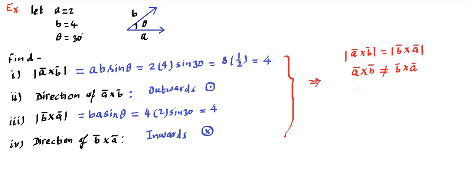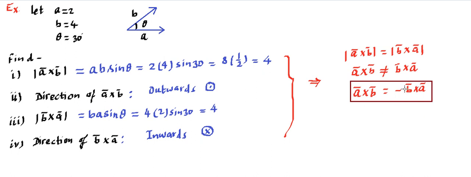So we can say A cross B is going to be equal to minus B cross A. Because the inequality was because of the direction, we reverse the direction of B cross A, so it will become in the direction of A cross B. Is it making sense? That's an important property you need to remember. That means A cross B is always equal to minus B cross A.